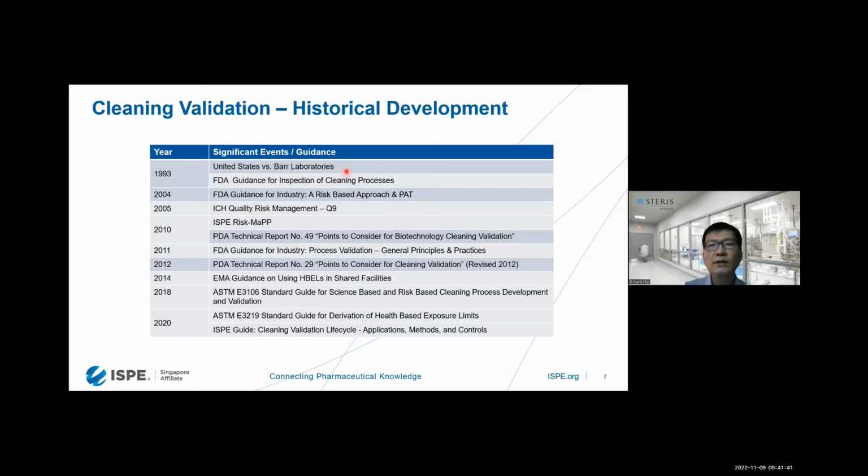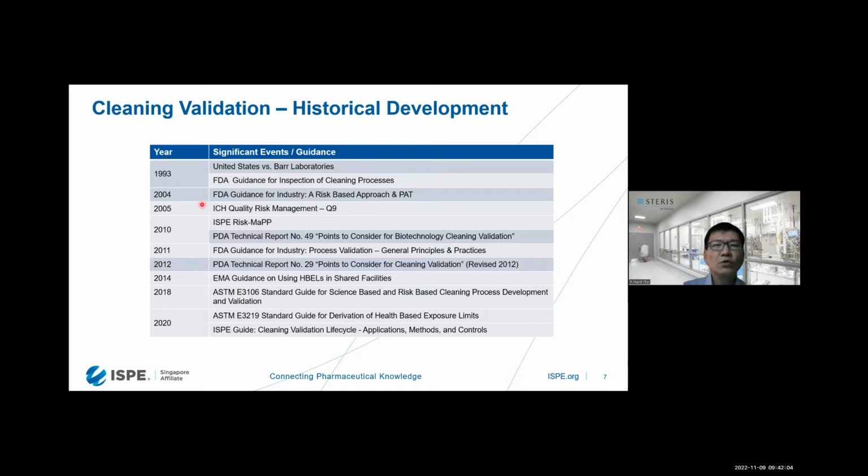This includes the cleaning validation as well. As a result, this led to the FDA guidance for the inspection of the cleaning processes to ensure that the companies strictly follow the cleaning requirements to minimize the risk of product cross-contamination.